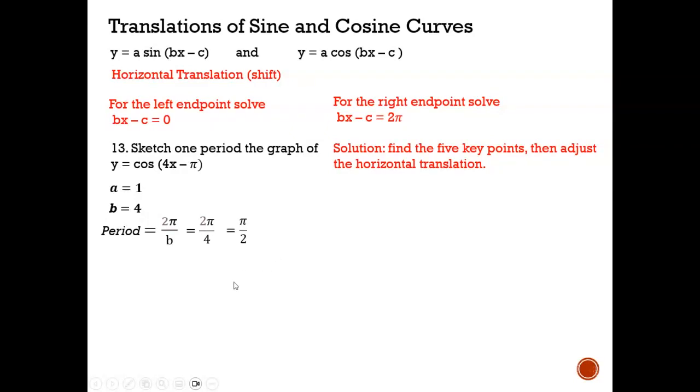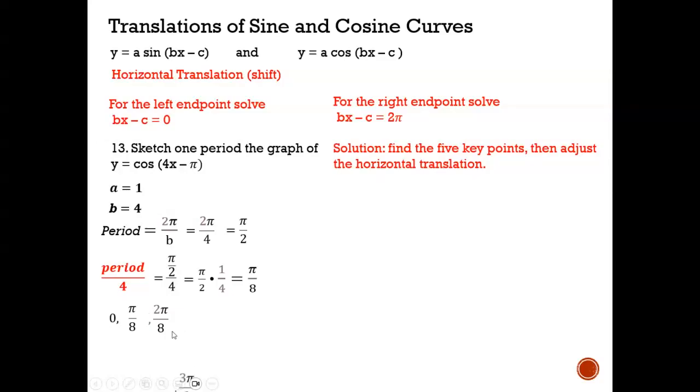Now we take that and divide by 4 to get our 5 key points. Pi over 2 divided by 4. Divide by 4 is the same as multiply by 1/2. So what do we get? We get pi over 8. So we're going to use pi over 8 to help us get our 5 key points. We start at 0 and we add pi over 8 each time to get the next key point. So I add pi over 8.